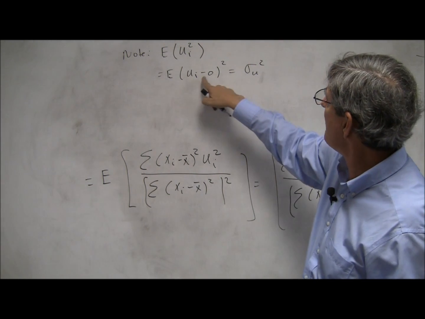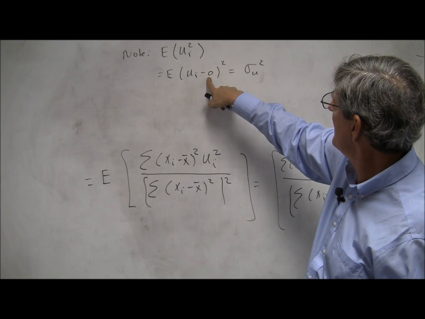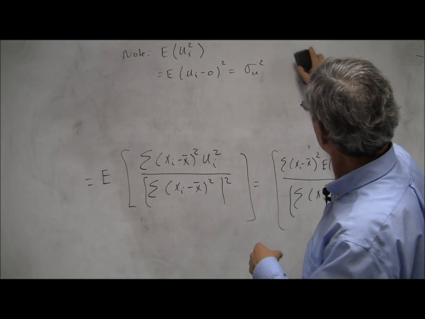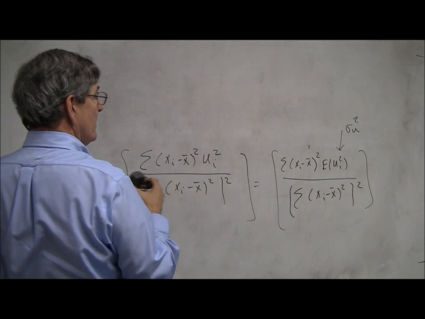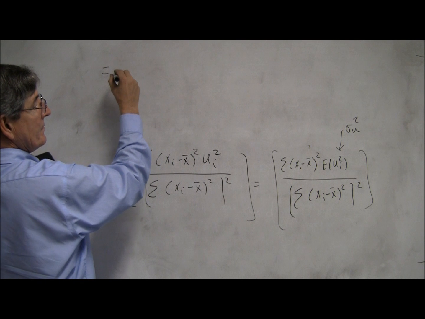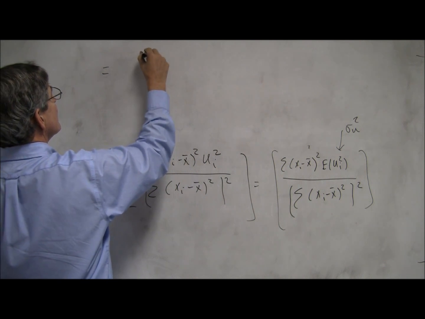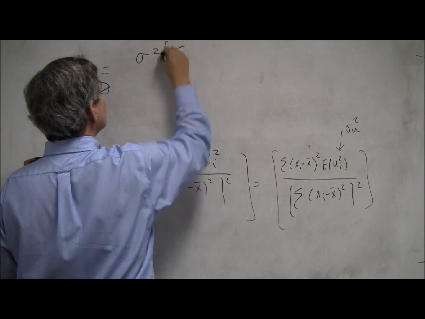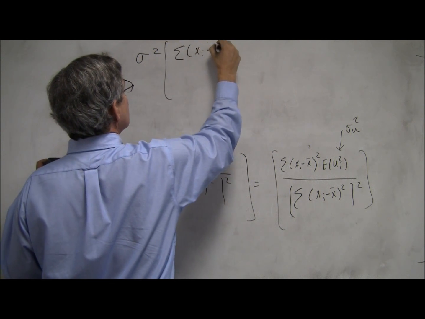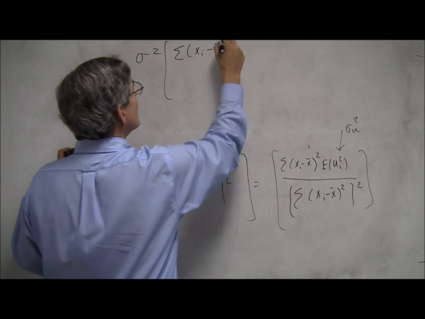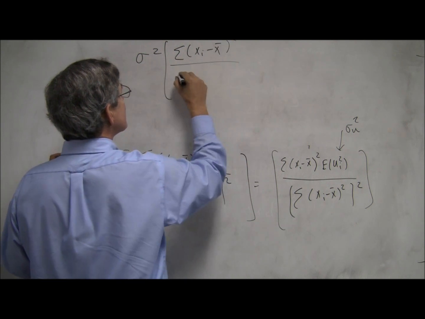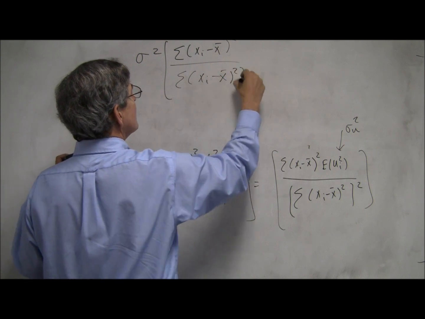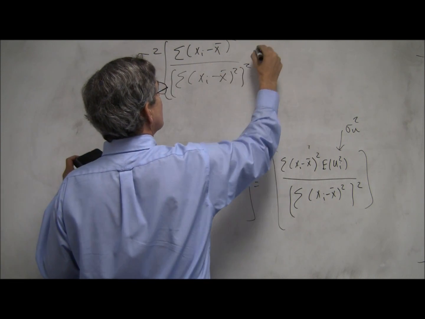This is ui minus the mean of u. The mean of u is 0 by assumption 1. So this is just the variance right here. So this is equal to sigma squared times the sum of the xi minus x bar squared over the sum of the xi minus x bar squared, squared.